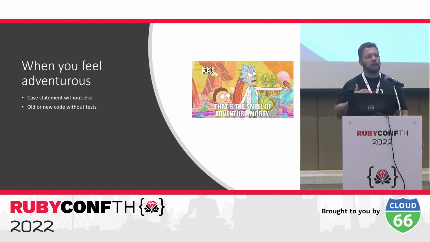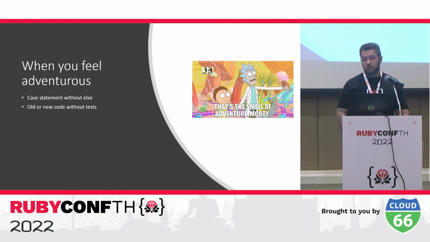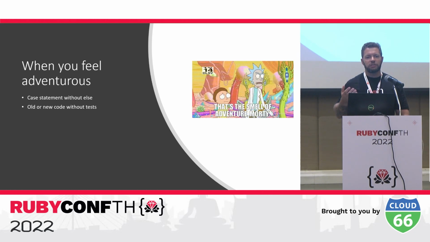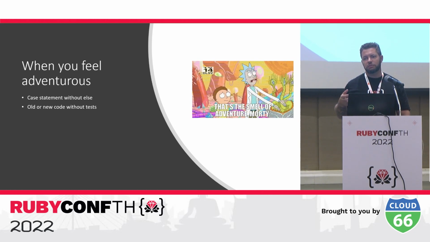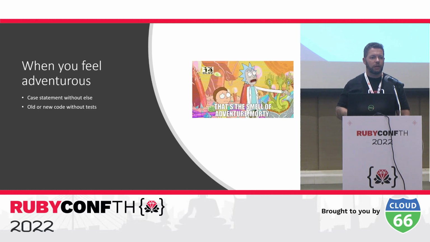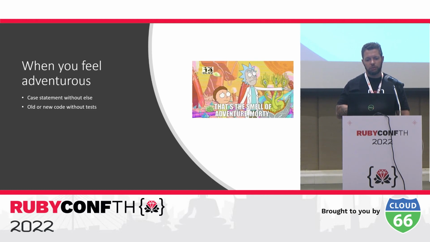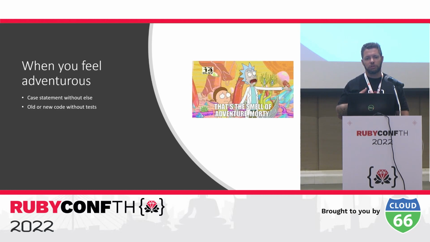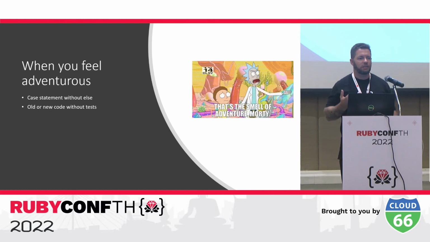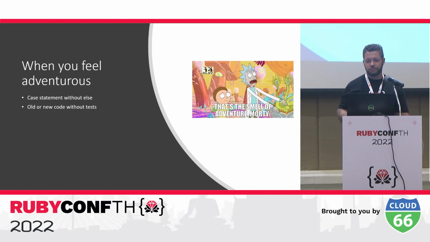We added an item to the enum. Nobody remembered to add the test case with that. And we had a lot of unknown and new values exploding because there was no else in the case that covered that.